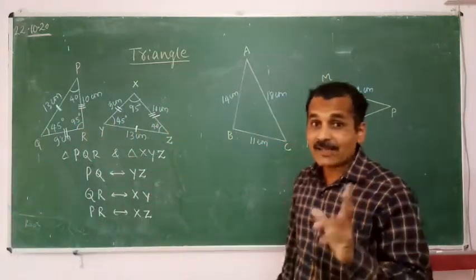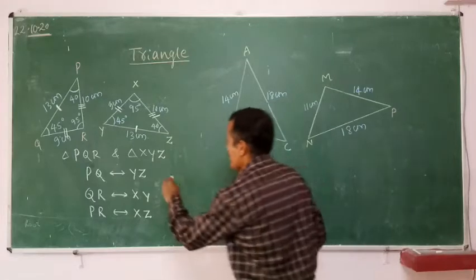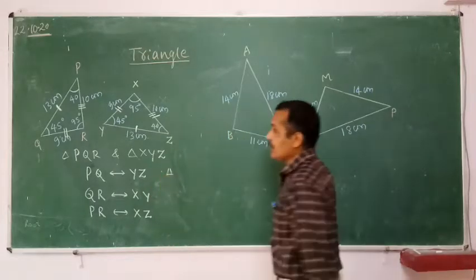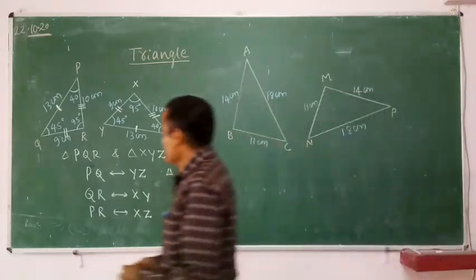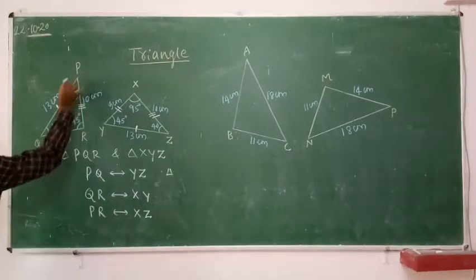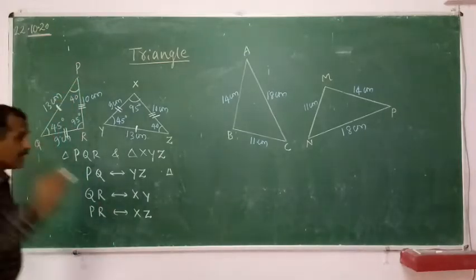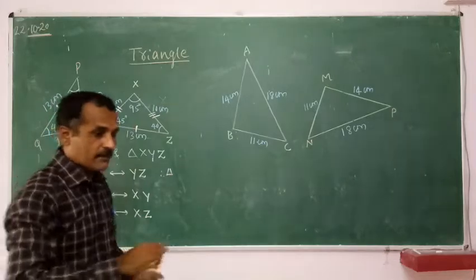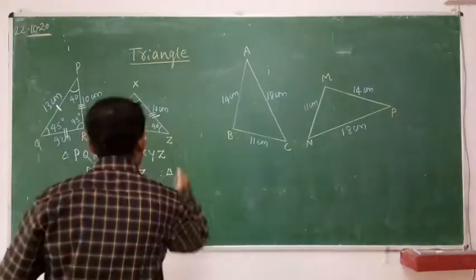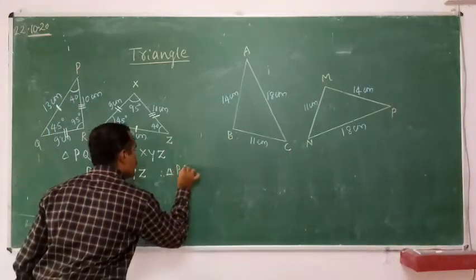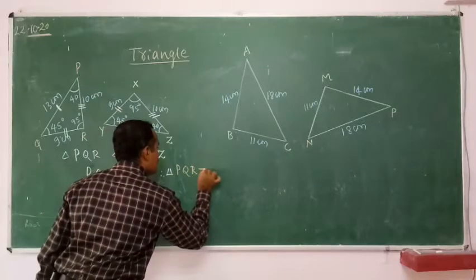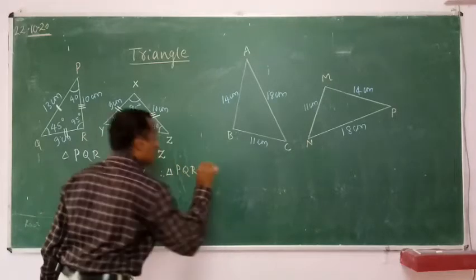How to write? The triangles are congruent. Therefore, if I start with PQR, triangle PQR is congruent to triangle.